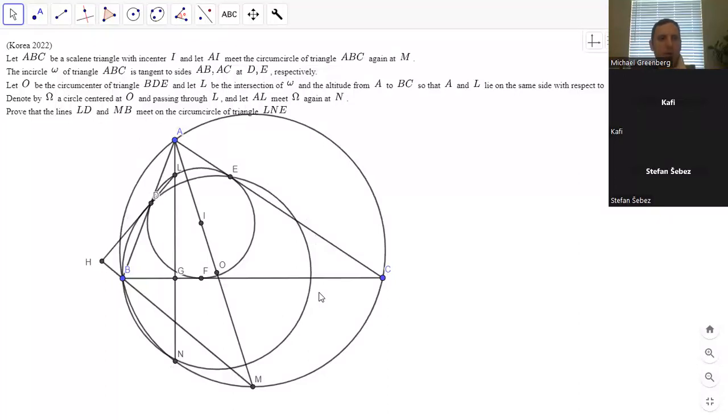I don't think I need that, right? Oh, a circle centered at O and passing through L. And then AL meets that circle at N. So I did the wrong circle.